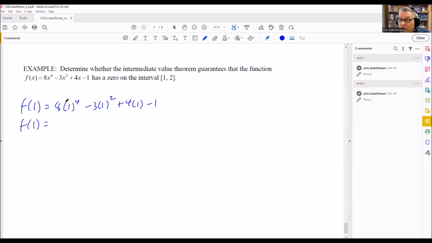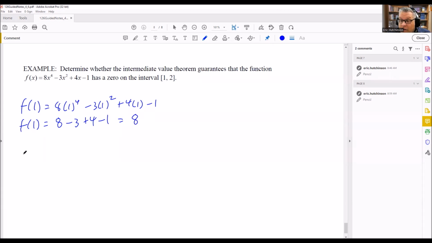Then we want to simplify this. So 1 to the fourth is just 1, so 8, and this is going to be minus 3 plus 4 minus 1. All right, so here, 8 minus 3 is 5. 5 plus 4 is 9. 9 minus 1 is 8. So I know that f of 1 equals 8.